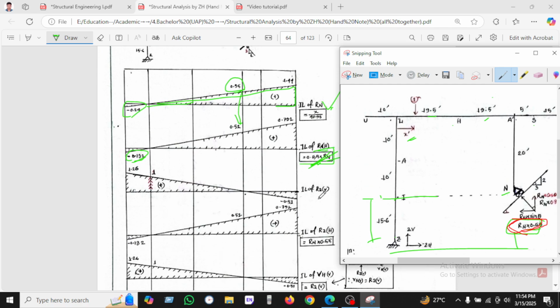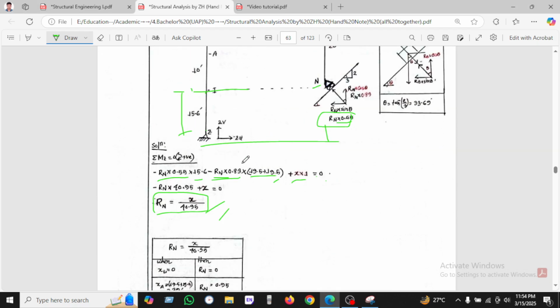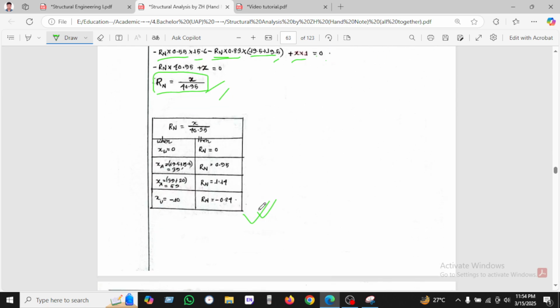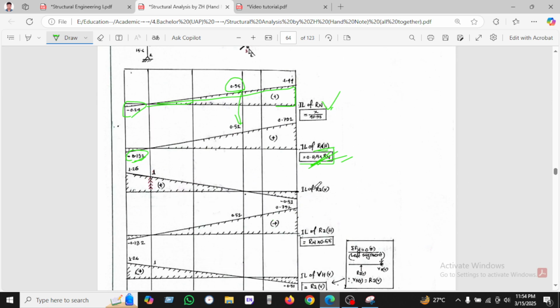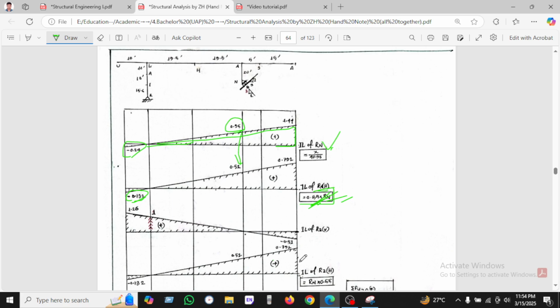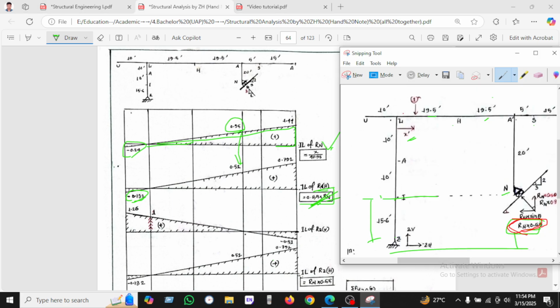So the influence line of Rz vertical. This is the Rz in vertical. As we have seen, Rz is vertical, so I will calculate. We are simply taking the upward only, that's why its influence line will be like this.